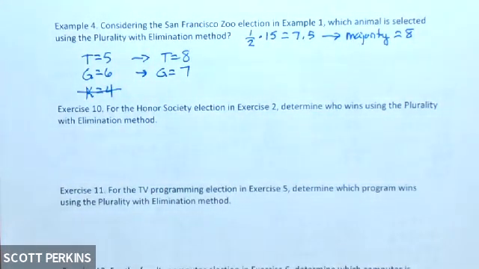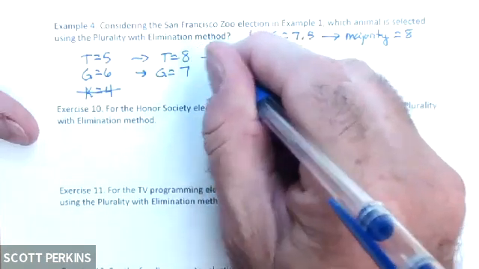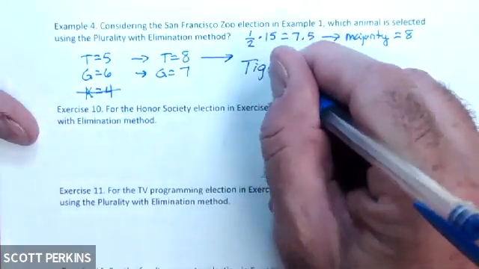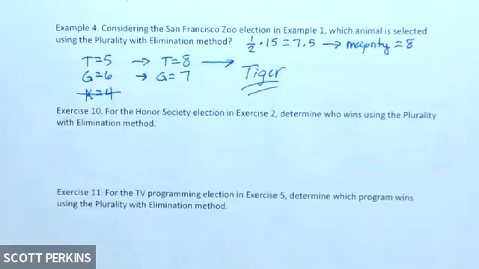The giraffe is going to get 1 more vote, so the giraffe becomes 7. Did anyone get a majority? The tiger did. Now, if we had more than 3 things, if someone didn't get a majority yet, we would cross out the next lowest, and we would do the whole fun thing again. Okay, so in this case, since the tiger got the majority, the tiger is going to be the winner of this election.